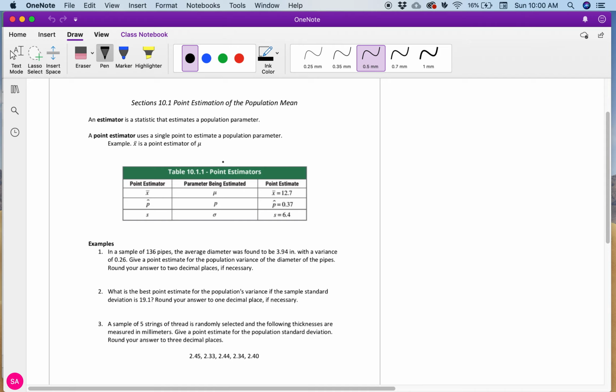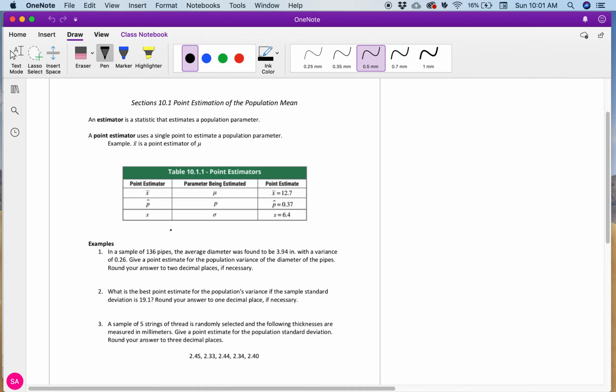And we've talked about this idea before. For example, we use the sample mean as a point estimator of the population mean. Because again, a lot of times we don't have the actual population parameters. So we use information gathered from samples to estimate what we think the population parameter will be.